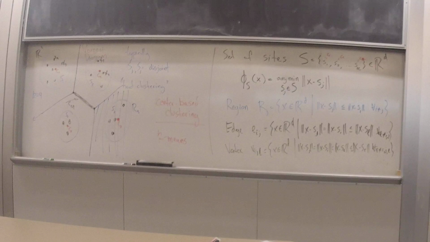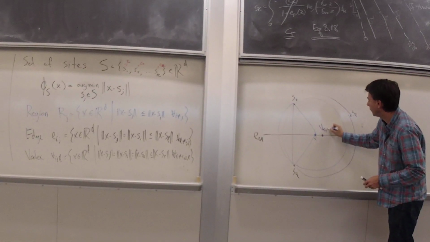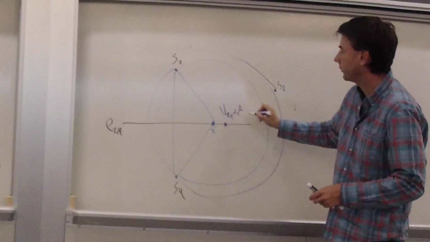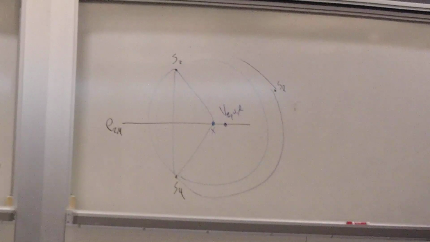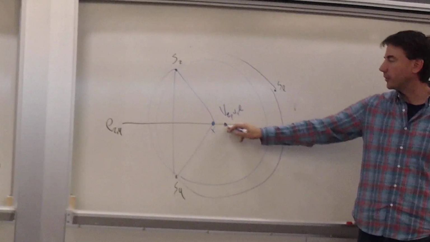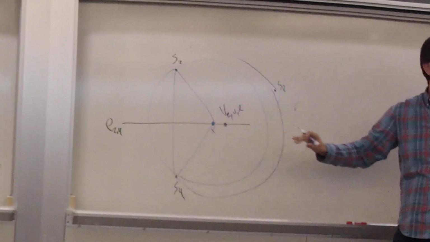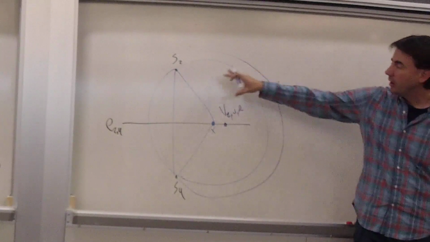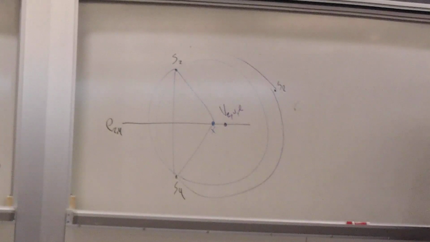What's going to happen now is the circle will look like this instead, and this point is going to be v_2,4,l. I've mixed numbers and variables, but that should be okay. So now I've got this vertex, which is the center of this circle, and this circle contains no other points. This is how we define this vertex.